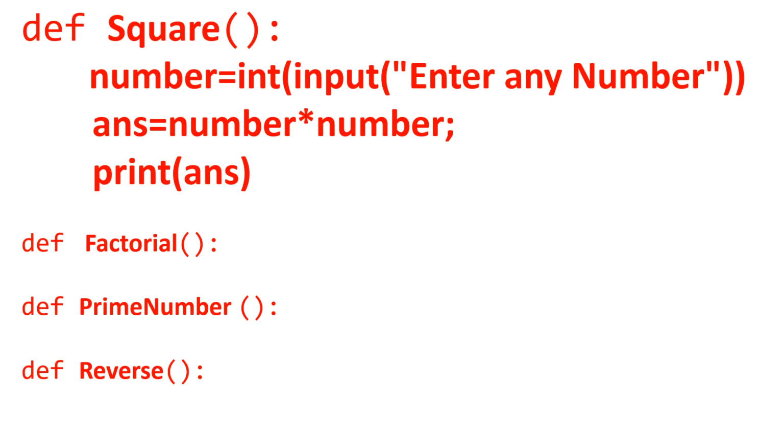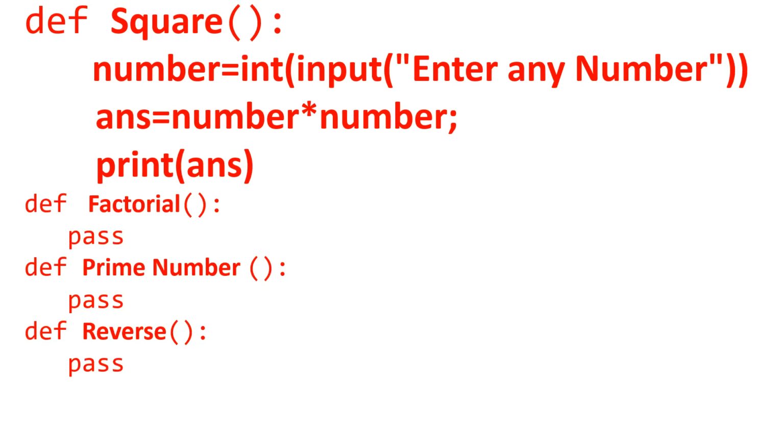To solve this problem, suppose we don't want to write statements under it, but we want to create the functions. Then we can write the pass statement here. If we want to write its statements later, then we can use pass statements under it.